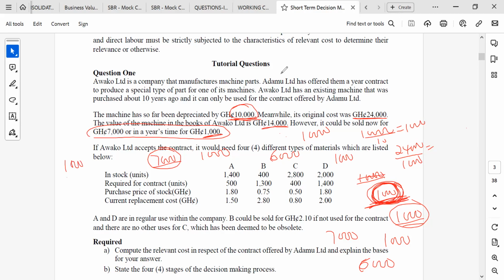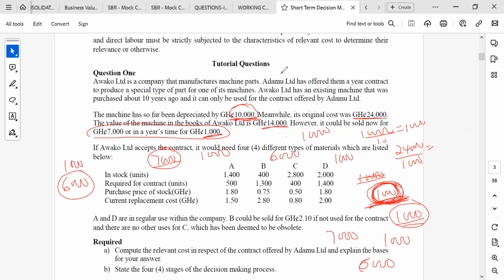So the opportunity cost, or the amount that we'll be losing, will be 6,000 if we decide to use the machine, and this is the relevant cost. Because if we sell the machine, we are going to rent another machine. So we sell it for 7,000 and go and rent another one for 1,000. It means that at the end of the day, we are selling the machine for 6,000.